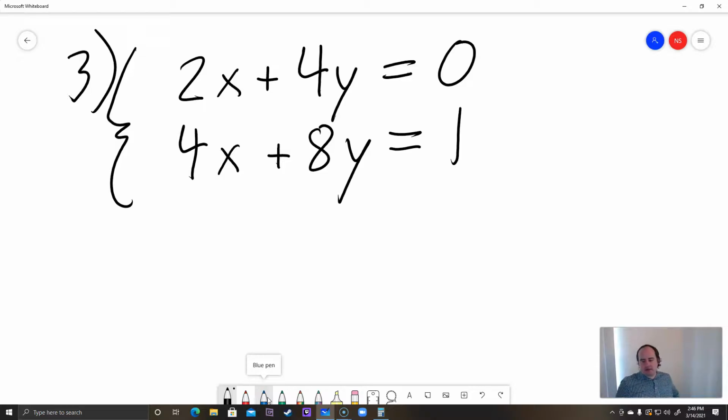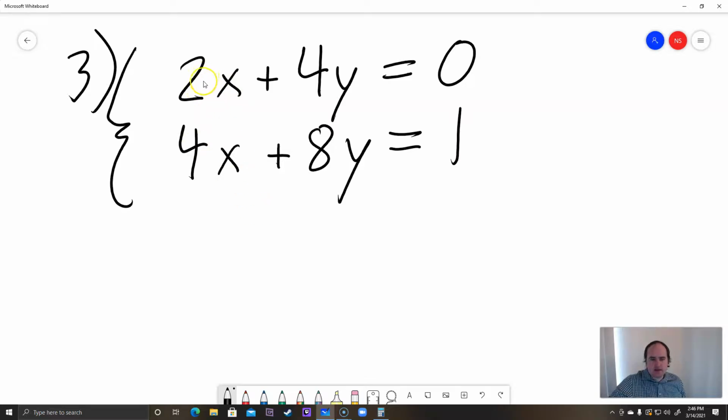Now the reason I say this one is a little bit harder is you might not be sure what to multiply each equation by so that stuff will cancel out or a variable will be eliminated. But I would focus on whichever variable has smaller numbers. So here I'm going to focus on the 2x and the 4x.